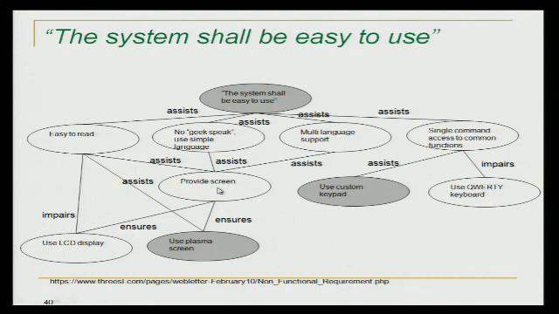Now, these are some ways that you could assist the system being easy to use. How about the screen? You can provide a screen that would assist. You can also provide a custom keypad, a QWERTY keyboard. Well, look at this. A QWERTY keyboard may actually impair single command access to common functions, wouldn't it? So you can actually begin to now say, well, that option's not a good one.